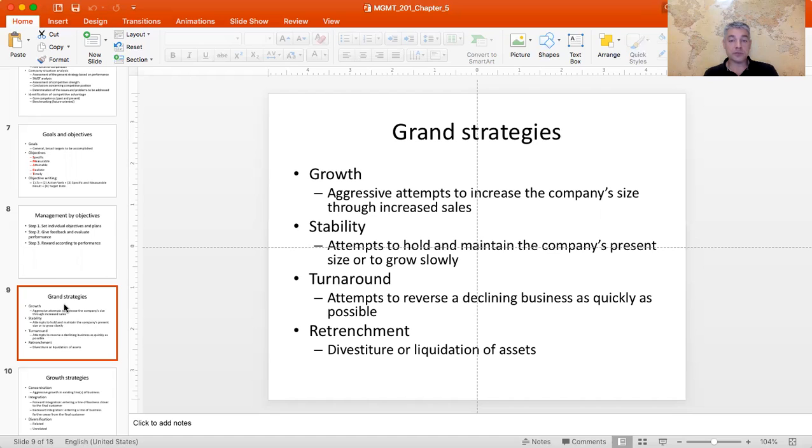Growth strategy is rather aggressive. Here you attempt to increase the company's size through increased sales. And you want to do that actively, with passion, I would say, and growth then becomes almost its own strategic goal.